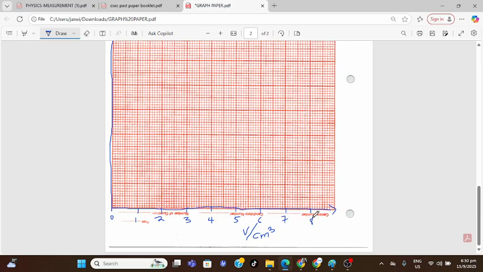Some students would have taken the values right off the graph, put 1, then 3, then 6, and 8. That makes no sense. I like to put it for every two. So no matter what graph I'm drawing, I like to mark every 2 centimeters.